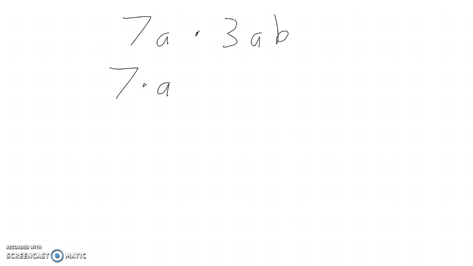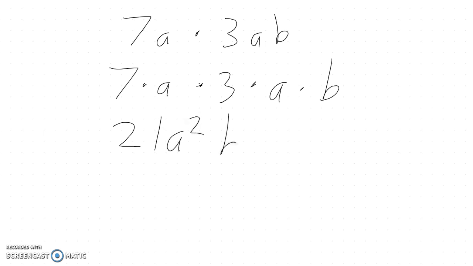Times 3ab, which just means 3 times a times b. And I can multiply these in whatever order is most convenient to me. You should do the coefficients first, the numbers first. The 7 and the 3, in this case, that's 21. And then the a's next. There's 2 of them, so I'll write that as a squared, and then b. And that's how you do this with coefficients.